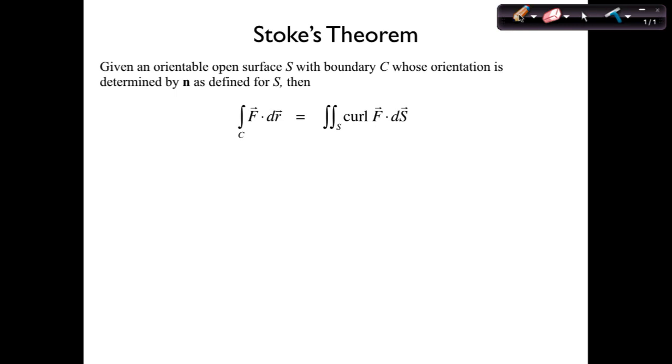So what do we notice? Curl of f is what related to f? What kind of thing is the curl of f? It's the rate of change, right? Yeah, one of them. It's the rotational rate of change.